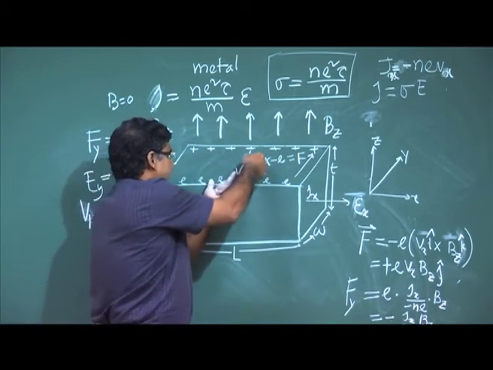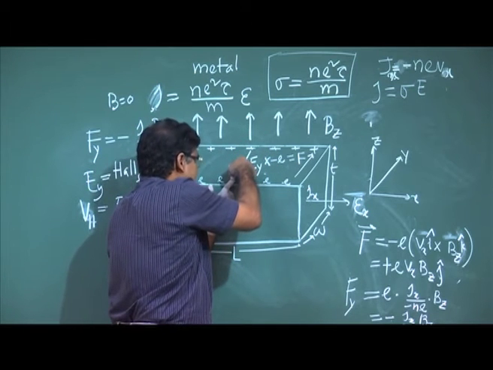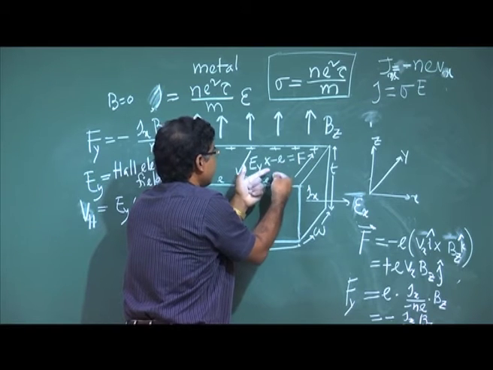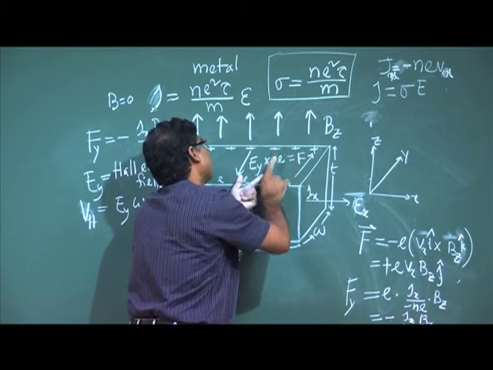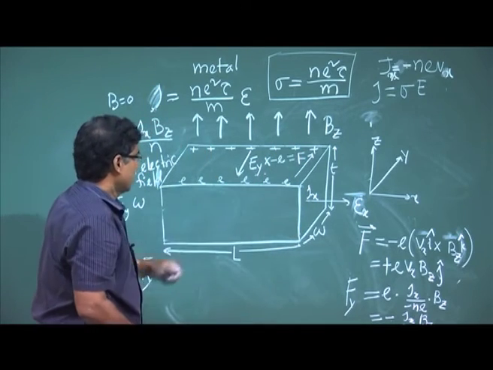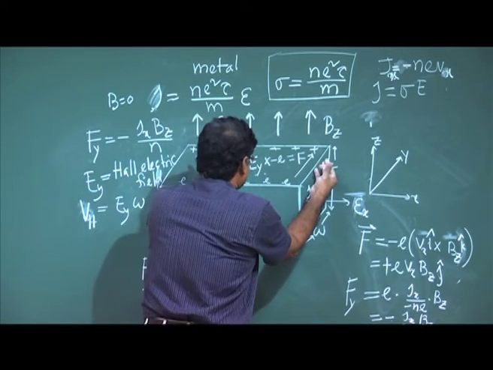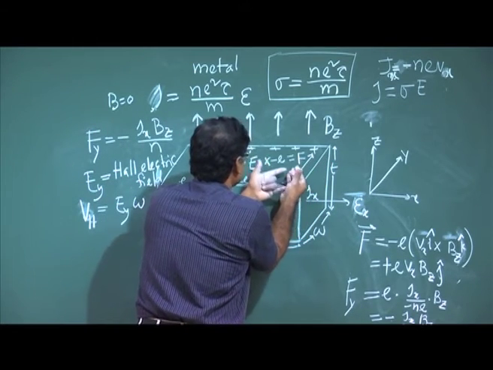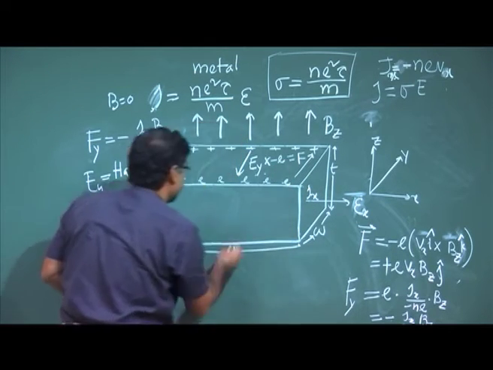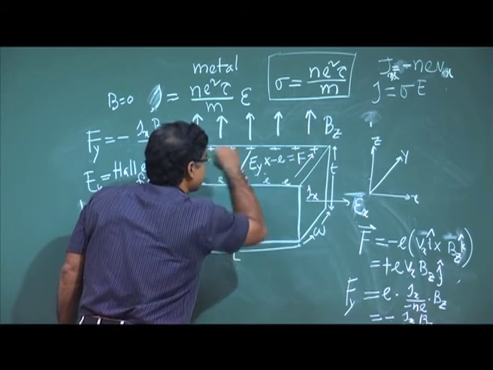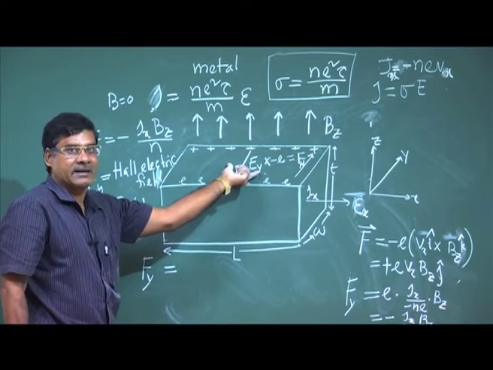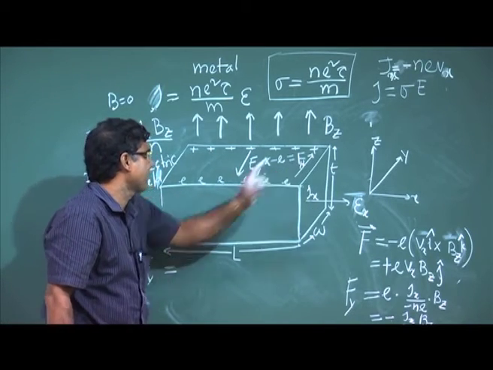Since electric field is in this direction, on negative charge this force will act in the other direction. So, it is positive direction, right. If I consider the direction, then basically this force is in the positive y direction. So, how are we getting the positive y direction? That force is because of the Hall electric field.